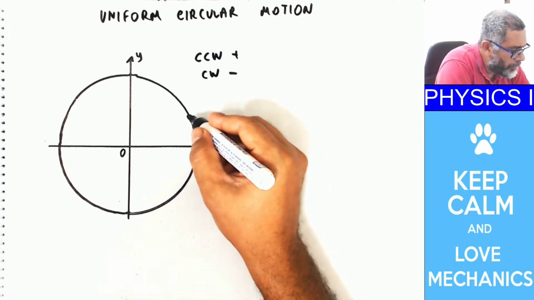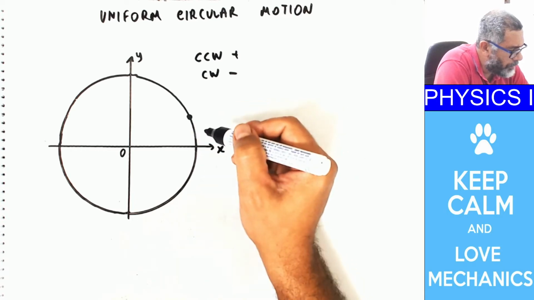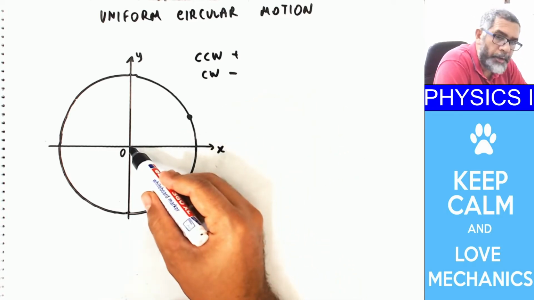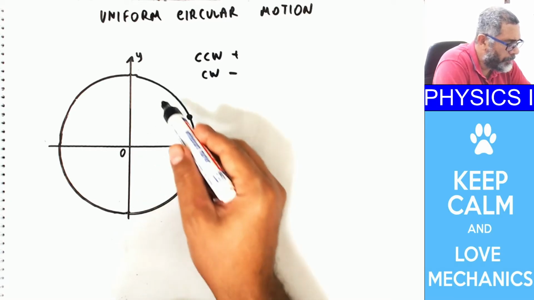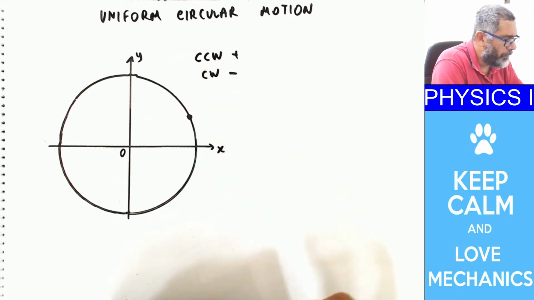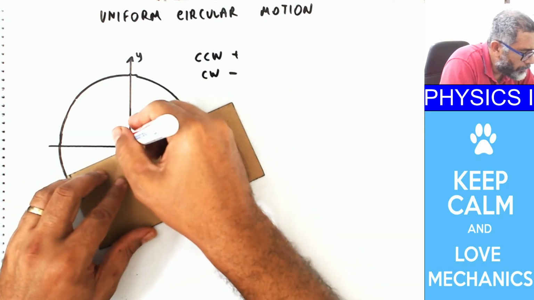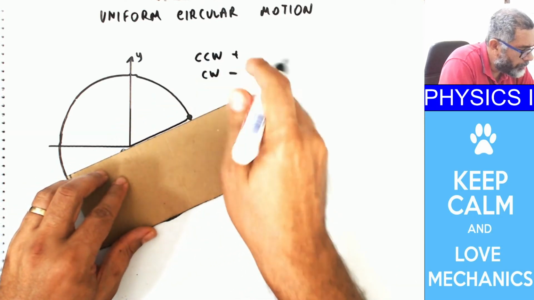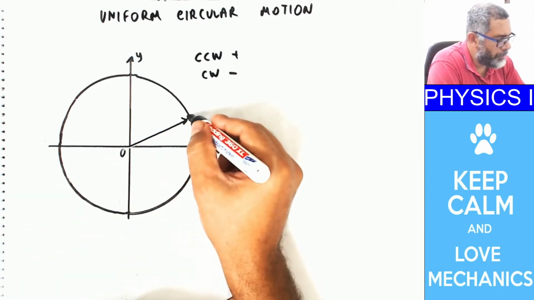Let's freeze the time at a particular instant and draw the position vector measured from this origin, the center of the circle, the path. Let's name this the r vector, the position vector for this object.